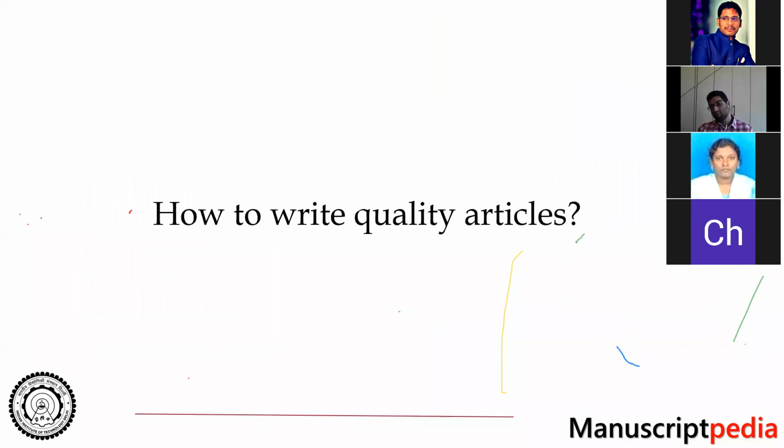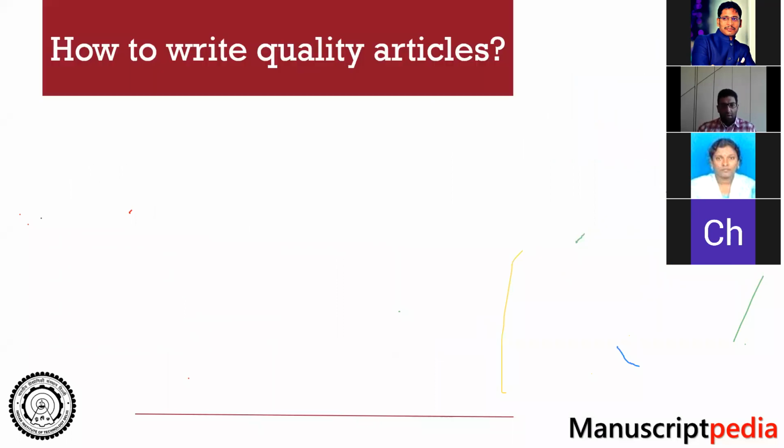Now we know why we need to publish. We know types of publications. We also know how to select a journal. Now let's come to the basic part, how to write quality articles. I'll quickly take you through the components of the paper.